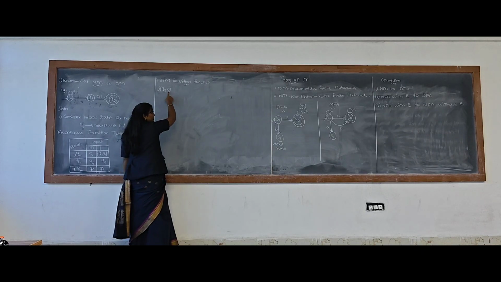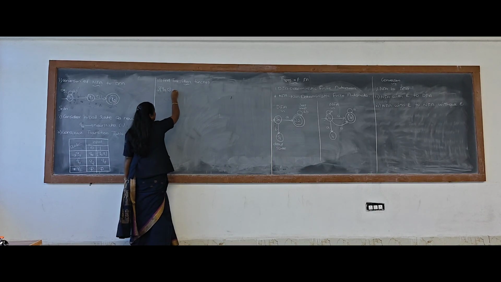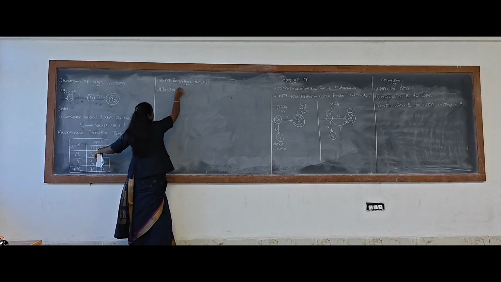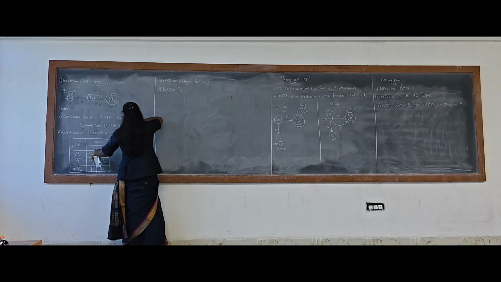So here we have the initial state Q naught and the input symbol 0. The transition should be Q naught 0, which means it will move to the new state Q naught. Q naught we have already considered as a new state, so leave this as it is.